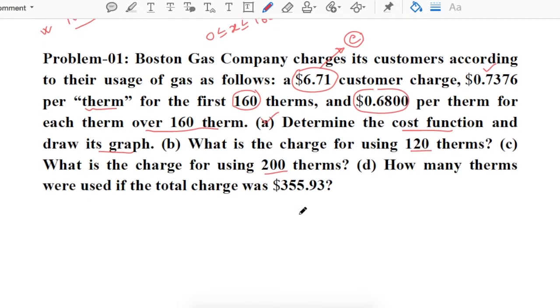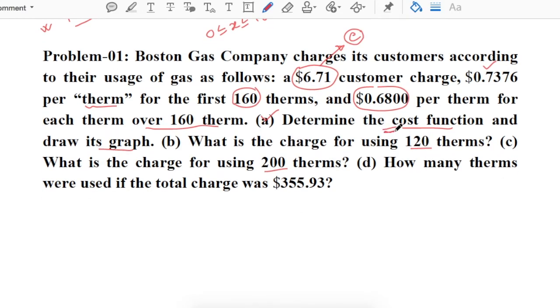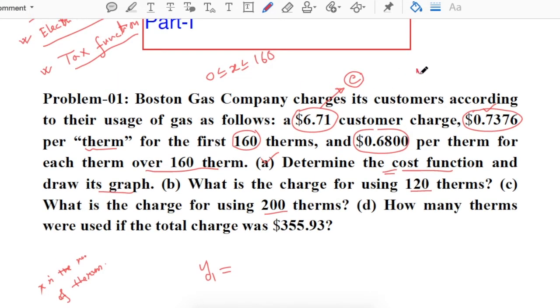Now the first thing, we need to determine the cost function. The first piece of the cost function, let us denote by y1, where x is the number of therms or number of units. The slope of the first line will be this, because in the cost function y equals mx plus c, m is the variable cost per unit and c is the fixed cost.